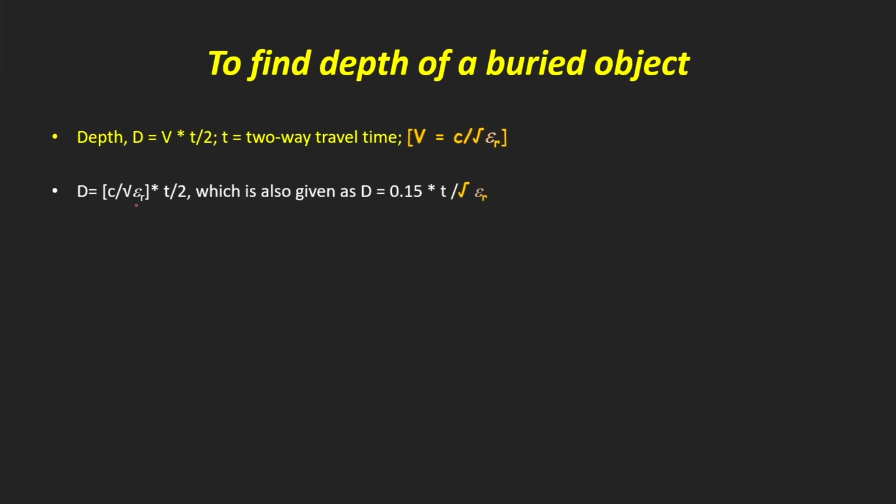So D is equal to, because we know the velocity of light, that is C, and that gives you 0.15. So this will be your final equation. Once you know the travel time, then you can easily talk about ER, and then you can easily talk about the depth.